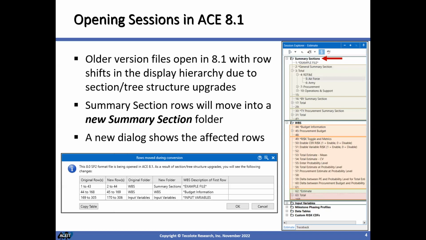If you have used any of that feature set, if those rows were not already at the top of the ACE file, we are moving those into a new folder, which is depicted here in the image of the session explorer with the red arrow. We've added this new summary section folder so we can treat those rows in a special way and have them be handled differently than the rest of the rows and the sections that are within the model. So you'll see this when you first open up an older session in 8.1.